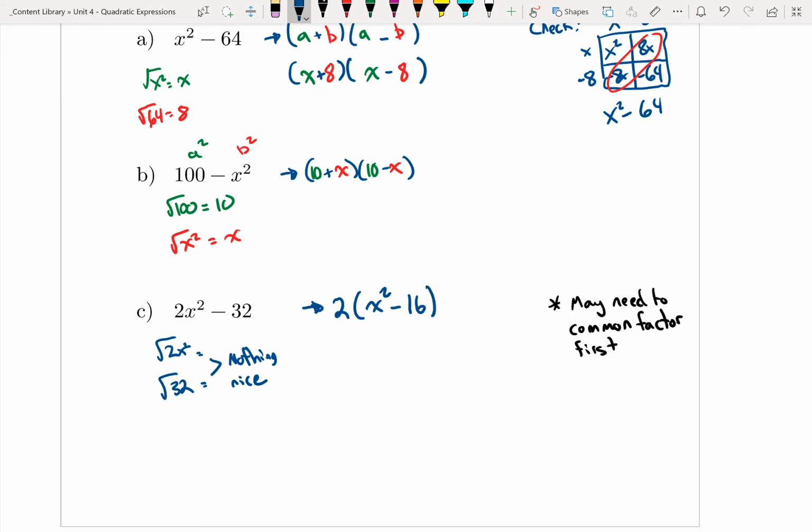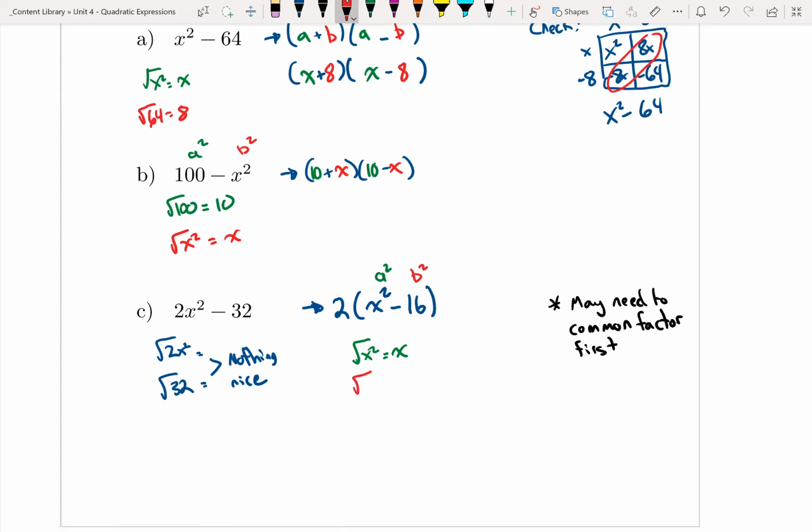And what I can do now, if I look at this, is I do now have an a value and a b value, or an a squared and a b squared. Because if I take the square root of x squared, I get x.